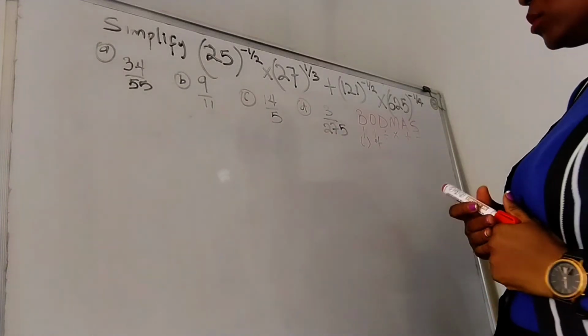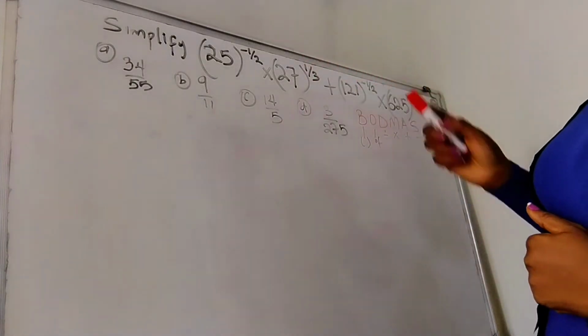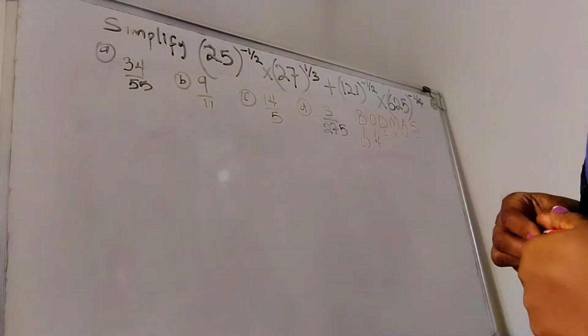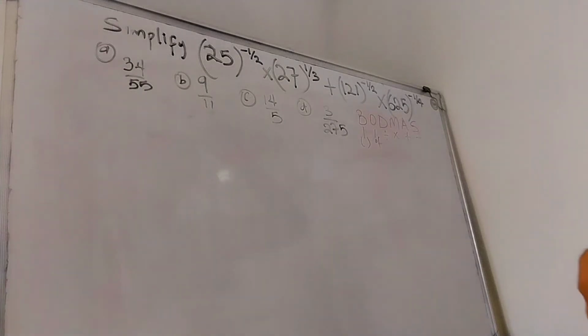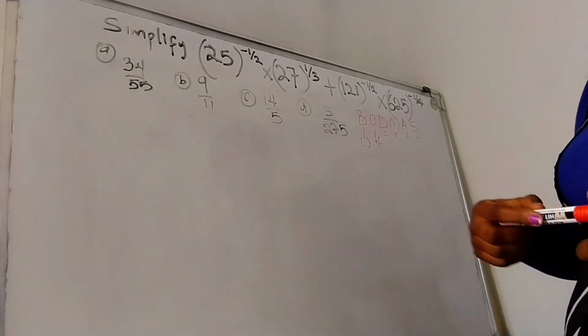Okay, so that's how to solve a problem with several mathematical operations. Remember, these are the options A, B, C, and D.